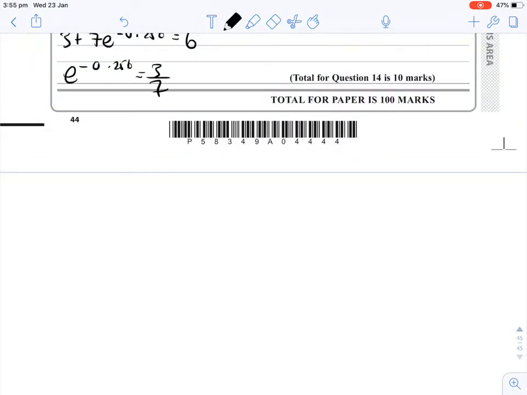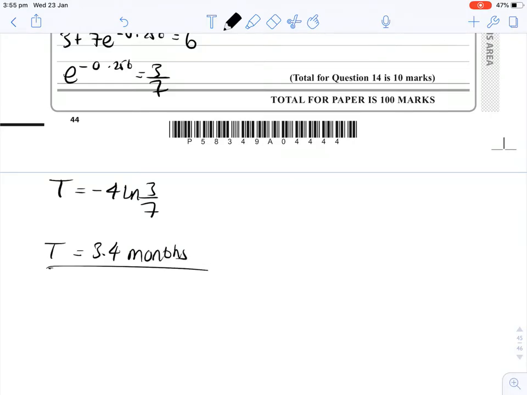From there, we can take logs of both sides. We end up with t = -4 ln(3/7). And so finding the exact value of that, t is equal to 3.4 months.